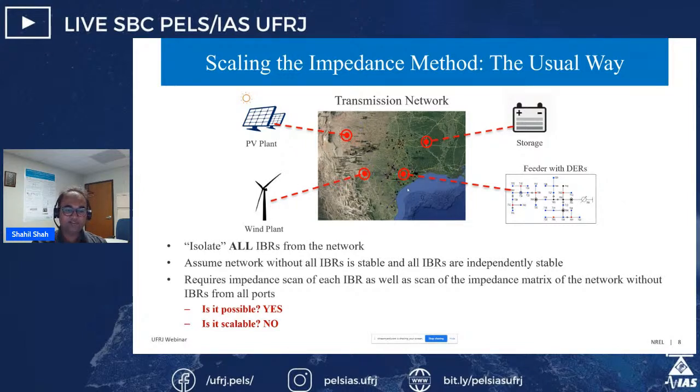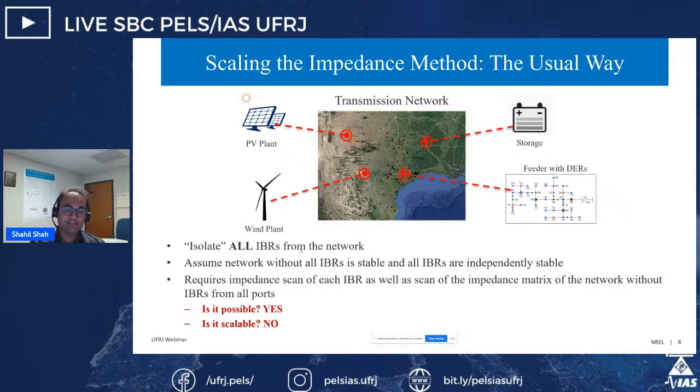So the network will be stable without all IBRs. And then we assume that all these IBRs are designed to remain stable when they connect with an ideal grid. So again, the usual approach that people have been using to scale the impedance-based stability analysis is to assume that all IBRs are stable individually when they connect to an ideal grid, and the grid is stable when you remove all the IBRs.